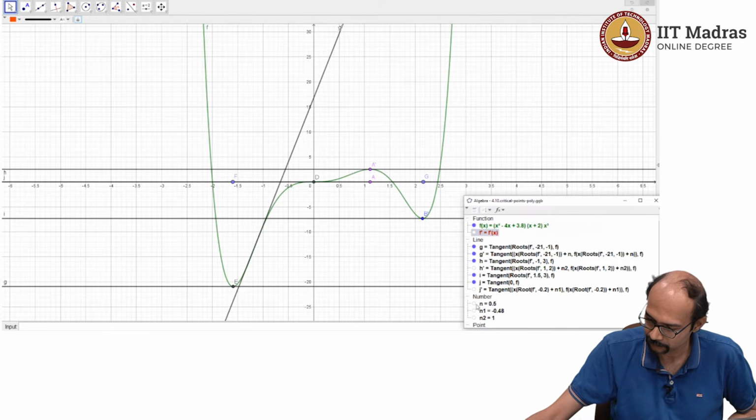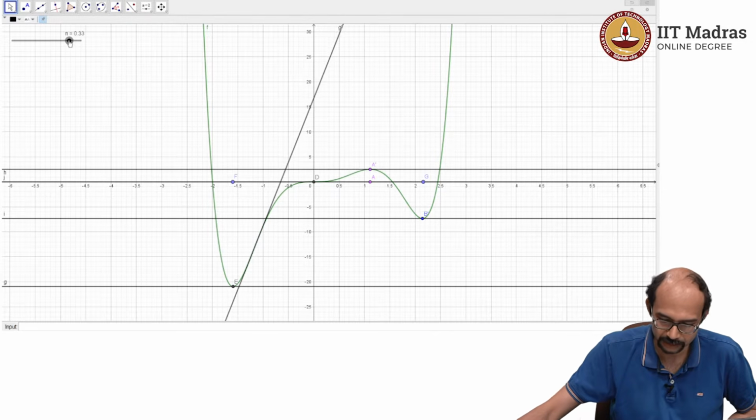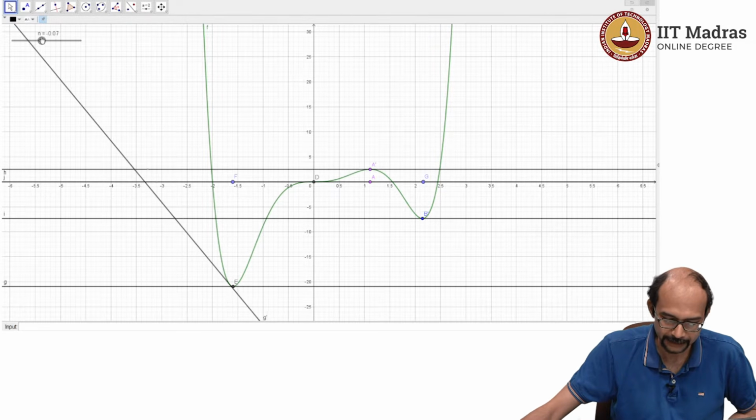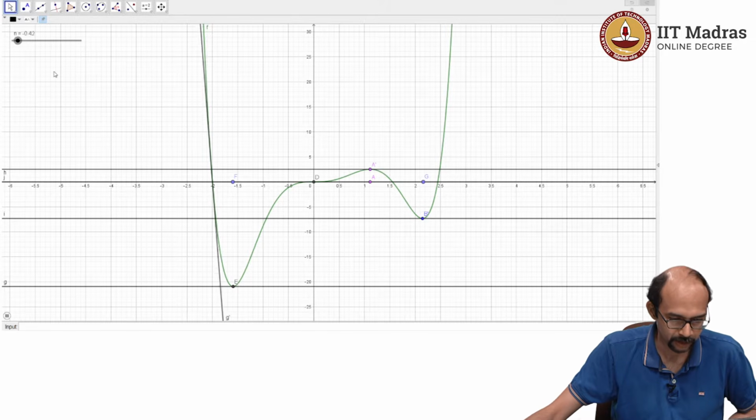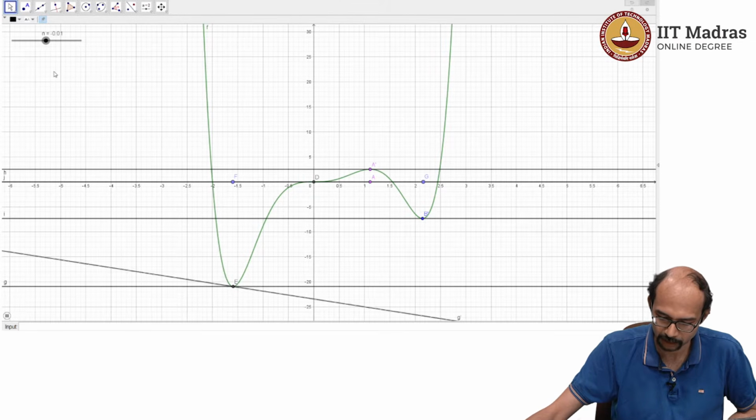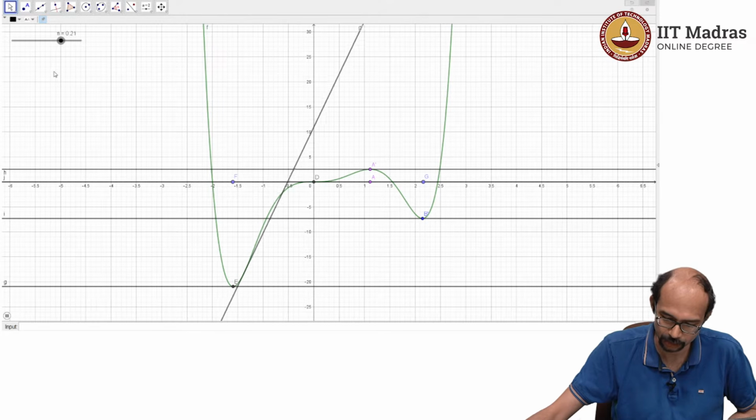As we vary this, the tangent is going to vary in a small neighborhood of that point. You can see the tangent is slowly varying, and as it comes here it becomes 0, meaning horizontal, f prime becomes 0, and then again it changes.